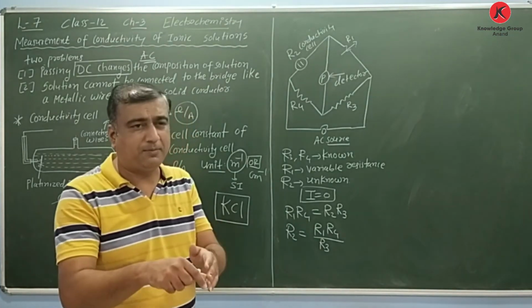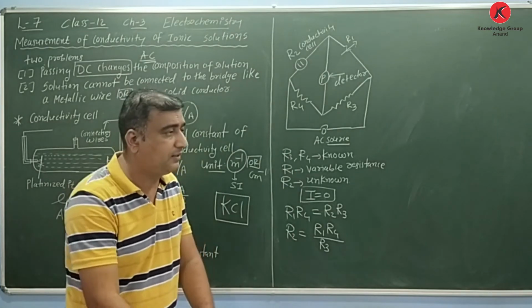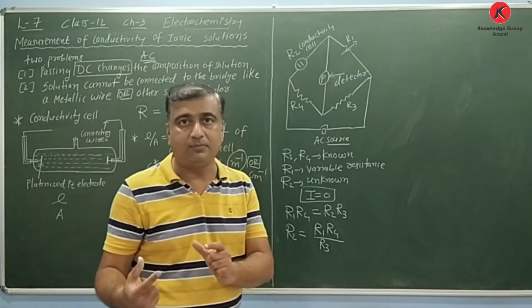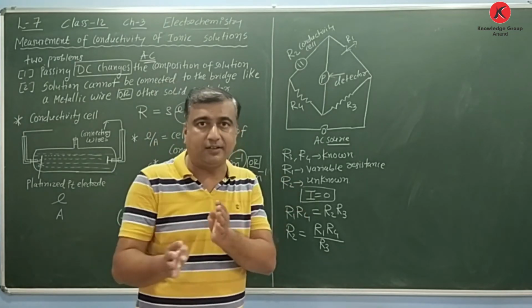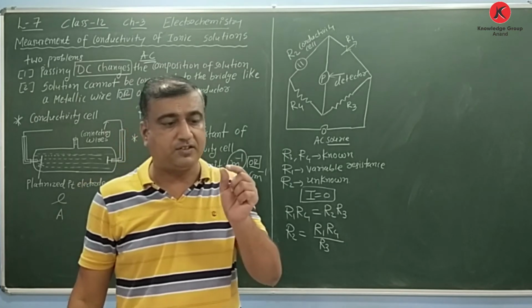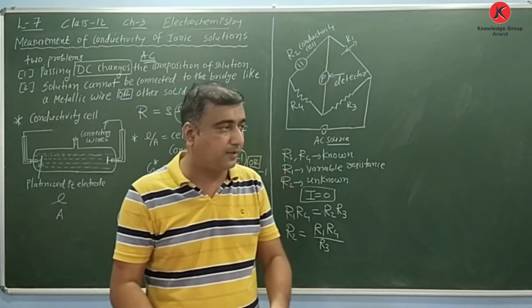That means there are so many factors. So we have to define a new, more reliable term which is related to the concentration, which relates the conductivity with the concentration.